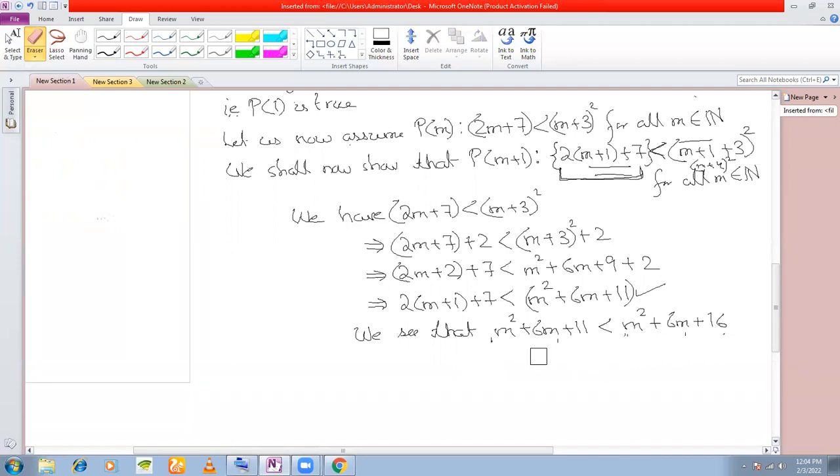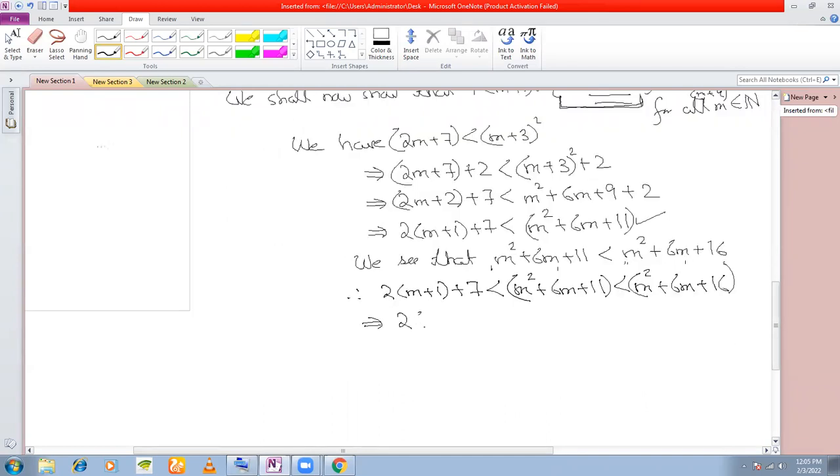Okay. So therefore, now if we combine the two, therefore what do we get? Twice m plus 1 plus 7 must be less than m square plus 6m plus 11, which is less than m square plus 6m plus 16, isn't it?